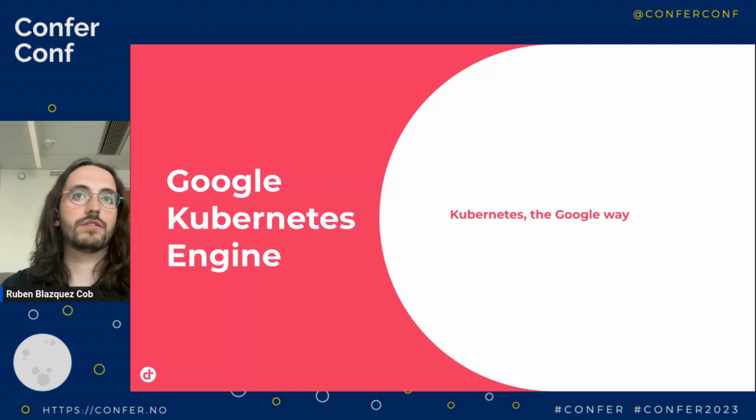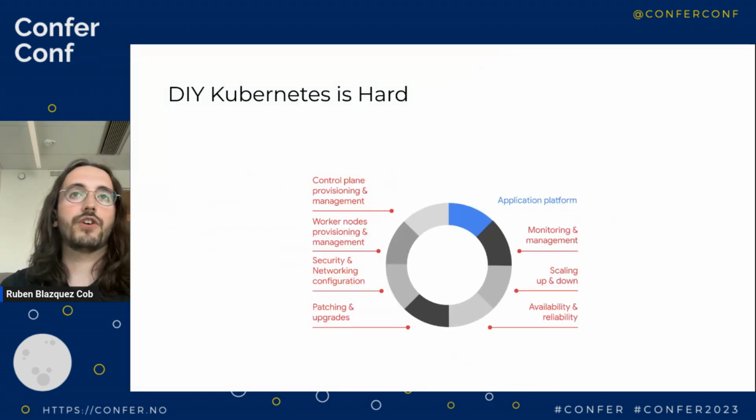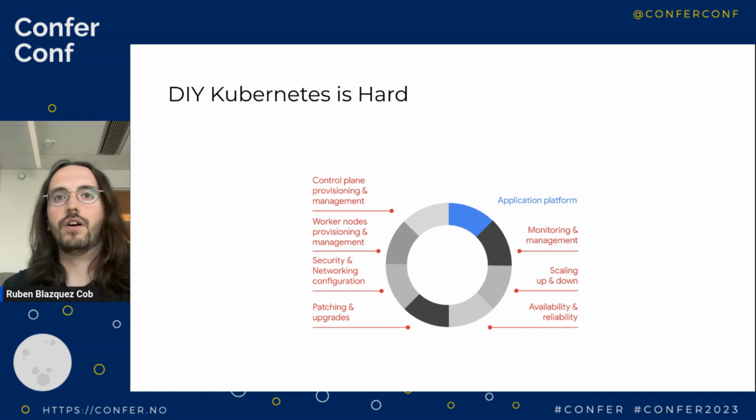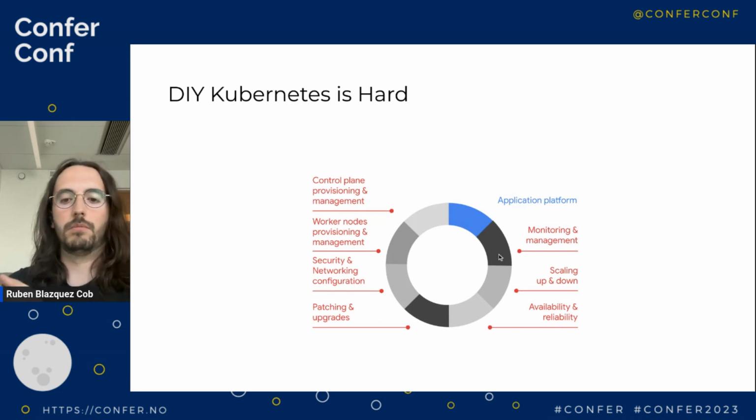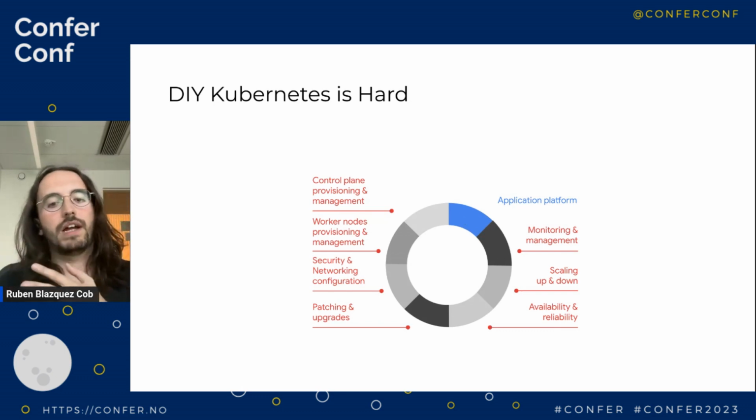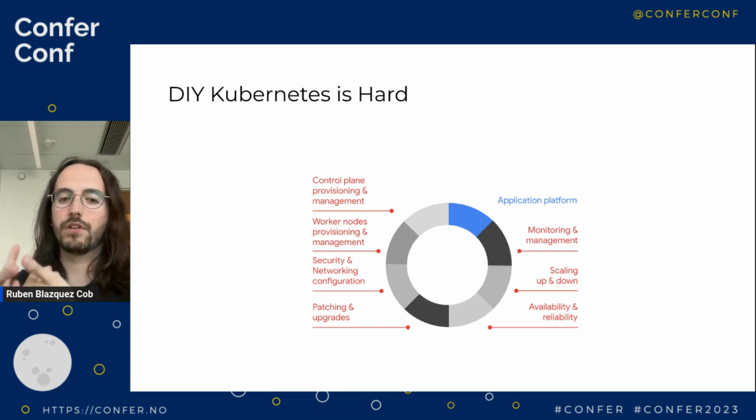So now, we're talking about doing it in Kubernetes. DIY Kubernetes is super hard. It's complicated. It has a bunch of operational overhead. And then you are responsible for all of those things that aren't in blue. So monitoring, scaling, availability, patching and upgrades, security, networking, configuration, control plane provisioning, all of those things, many, many things.